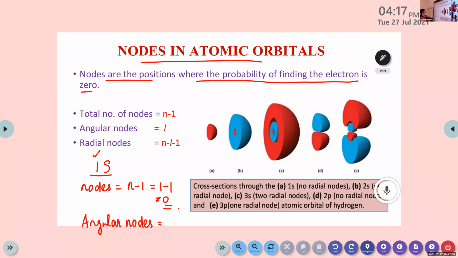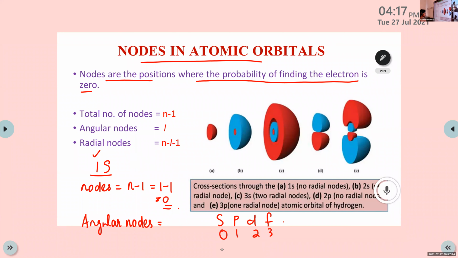Do you remember s, p, d, f, etc.? They have values 0, 1, 2, 3. So which is the L value for s? Now you can tell me, 0, right? So here the angular nodes is also 0.